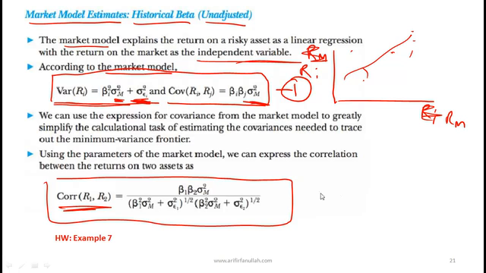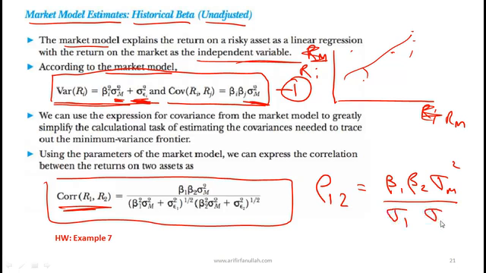Do you remember that the correlation between two assets is equal to beta 1 beta 2 times the variance of the market divided by the standard deviation of 1 multiplied by the standard deviation of 2?